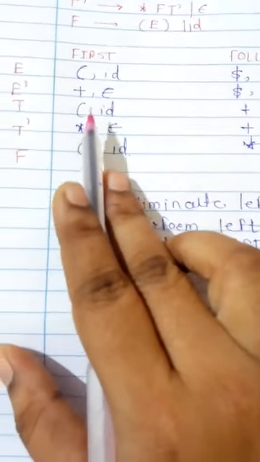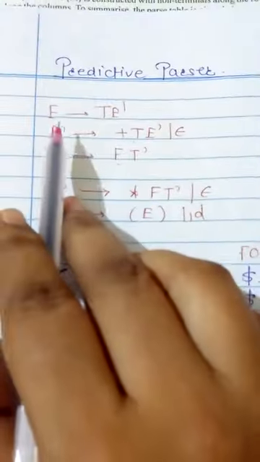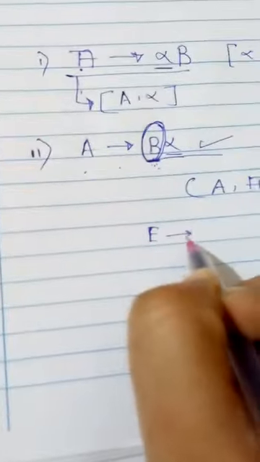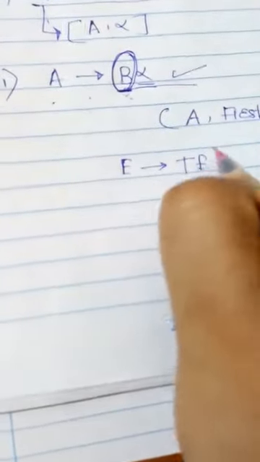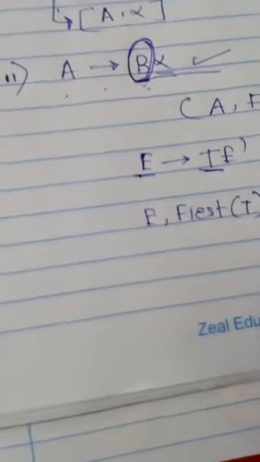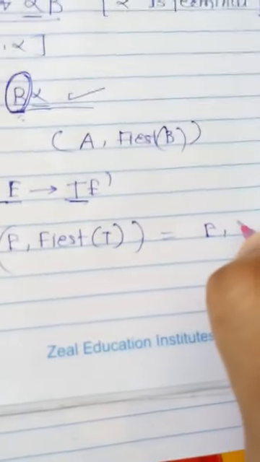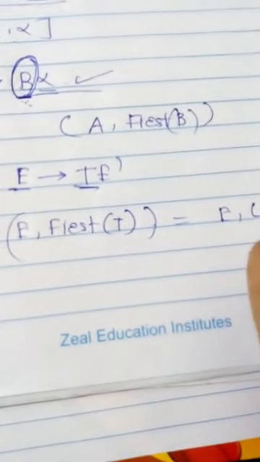First of T is opening bracket and ID, and the left hand side of your production rule is E. So for the production rule E gives TE dash, as it starts with a non-terminal, you will check first of T, which is opening bracket and ID. Getting it?